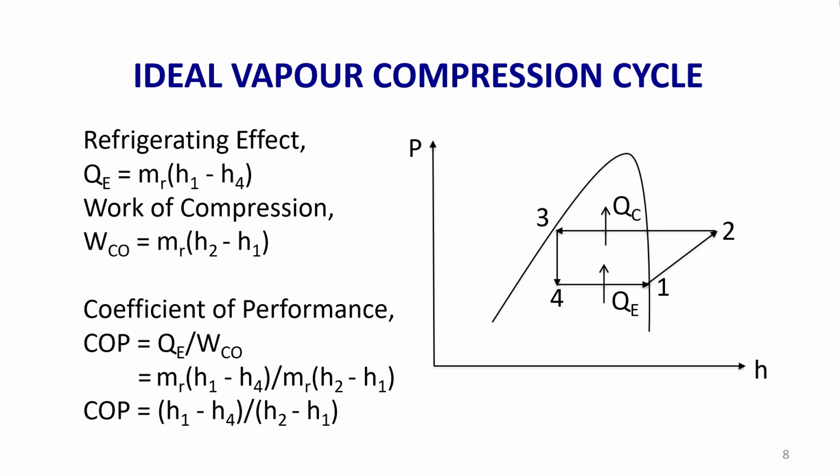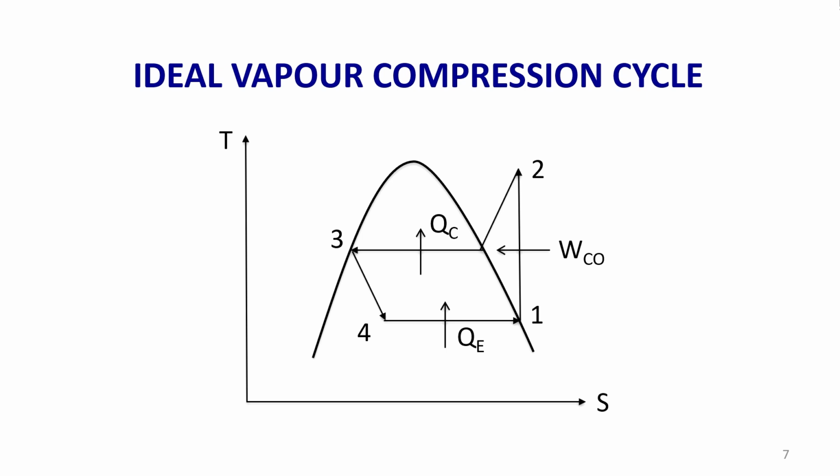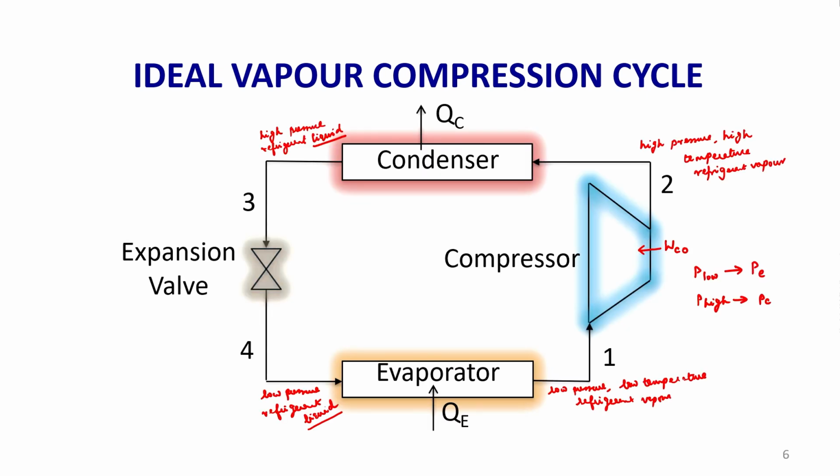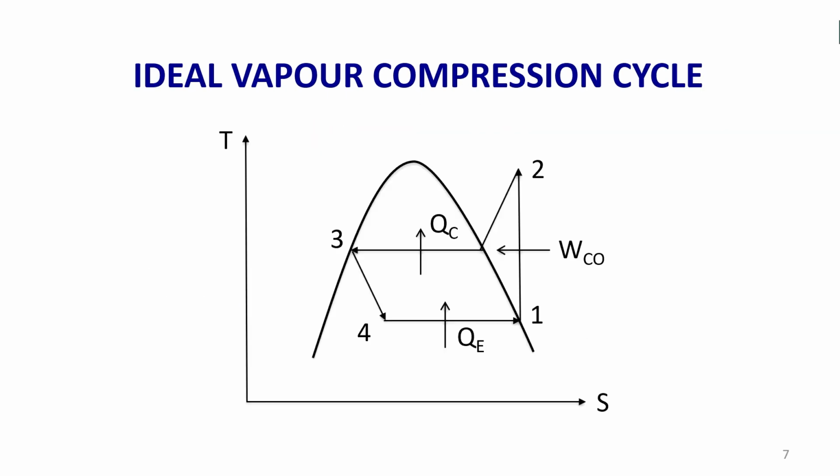So, the enthalpy difference is H1 minus H4 into the mass flow rate of the refrigerant, m dot R. And for the work of compression, 1 to 2 is isentropic compression, and 2 to 3, if you see this diagram, is like a constant temperature process. Point 2 is in superheated condition, this is saturated vapor, and 3 is in saturated liquid. So, at the entry of the condenser the refrigerant is in vapor, and at the exit of the condenser it is in liquid.